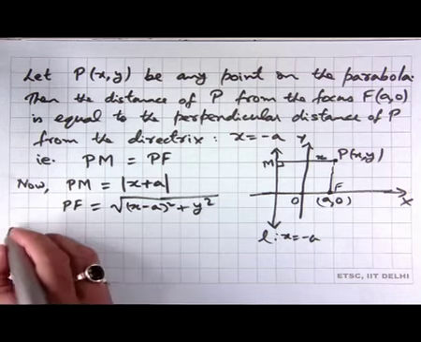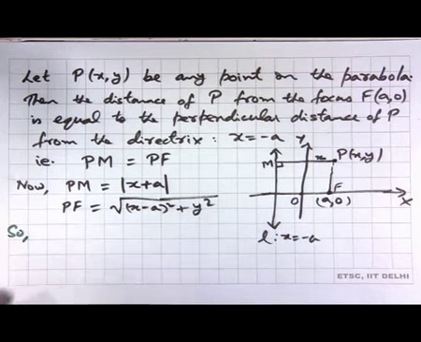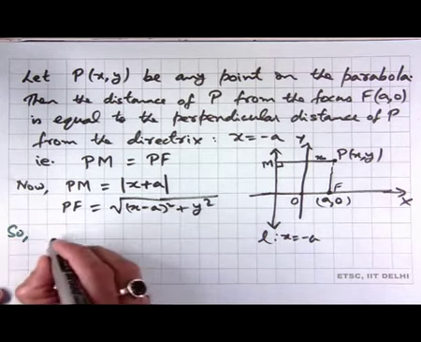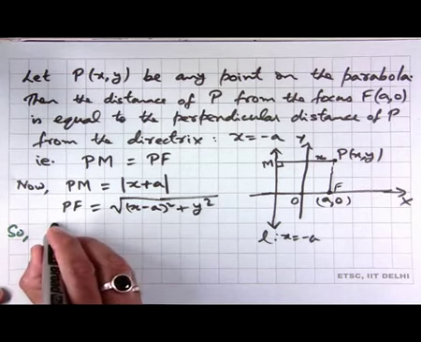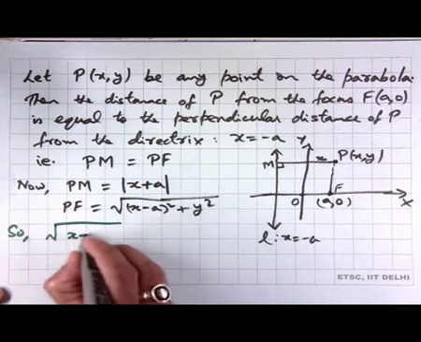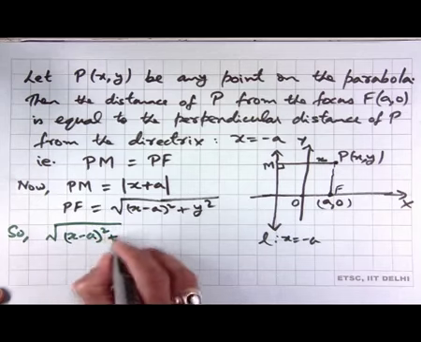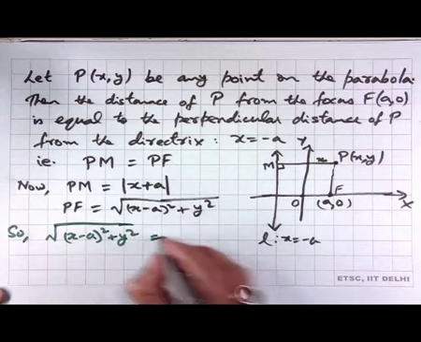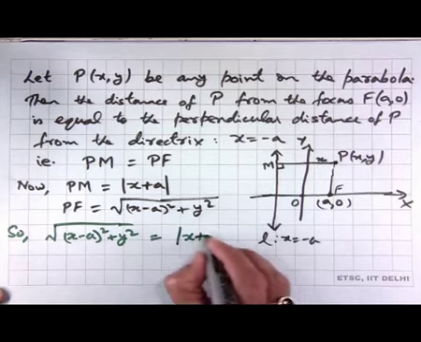So, we get square root of x minus a square plus y square equal to mod of x plus a.